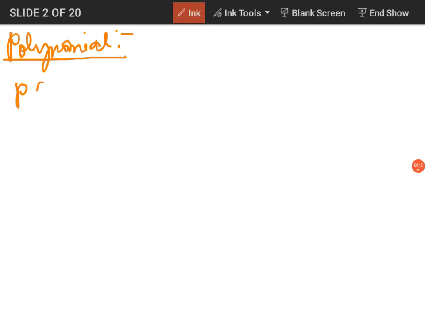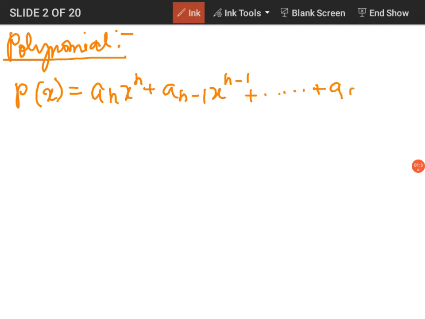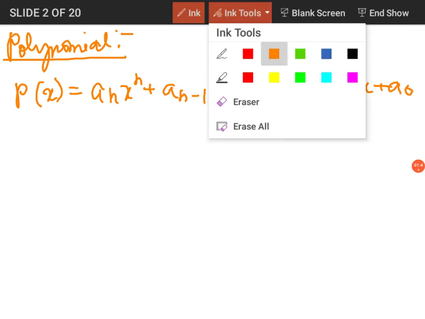So polynomial is basically denoted in this form, and the general form of a polynomial is this. Correct? I hope that all of you have seen this form.